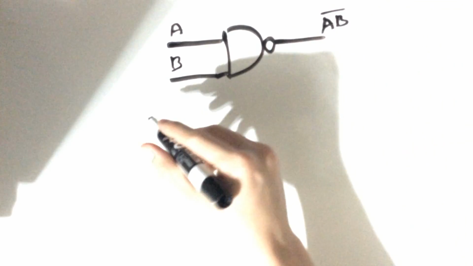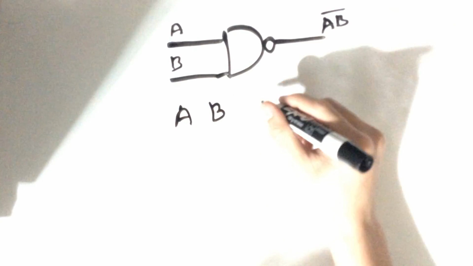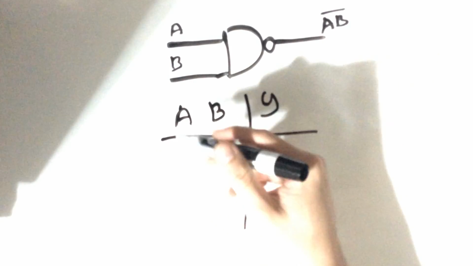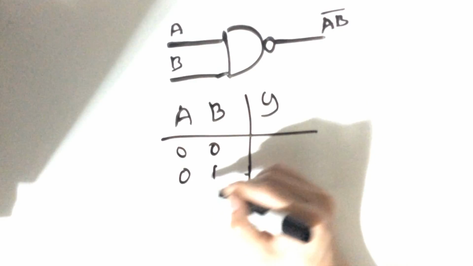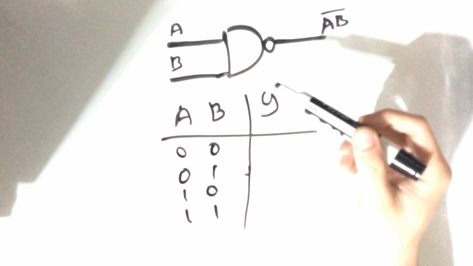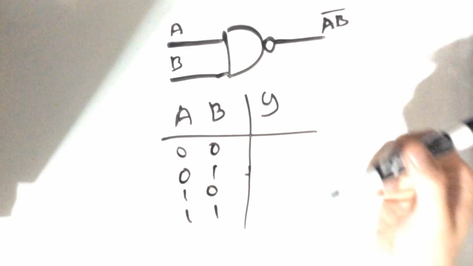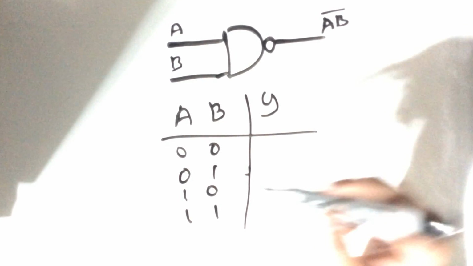Now I'm going to go ahead and draw the truth table for these. I have A, B, Y, and I'm going to list out all the possible values of A and B: 0 0, 0 1, 1 0, 1 1. Now, remember, a NAND gate is basically the inversion or complement of an AND gate.